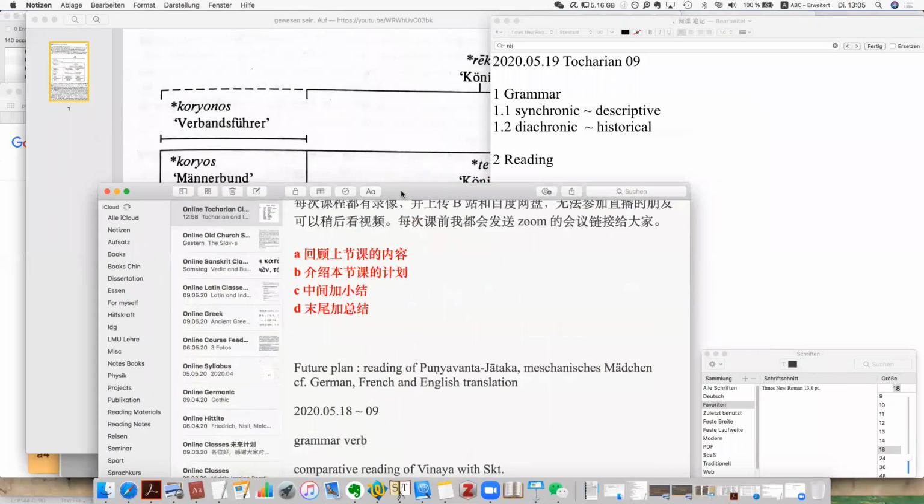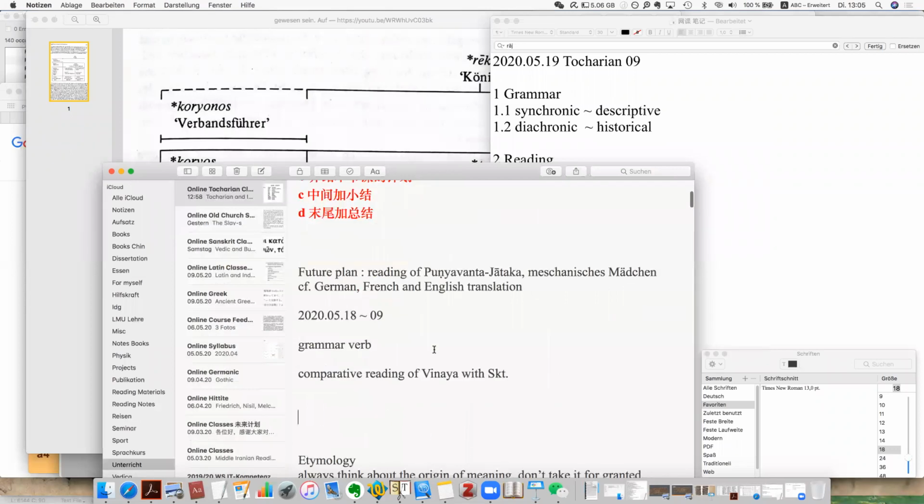And for the reading part, I have a plan. Probably we can start reading the Punyavanta Jataka. In Chinese, it's called 福利太子名媛.